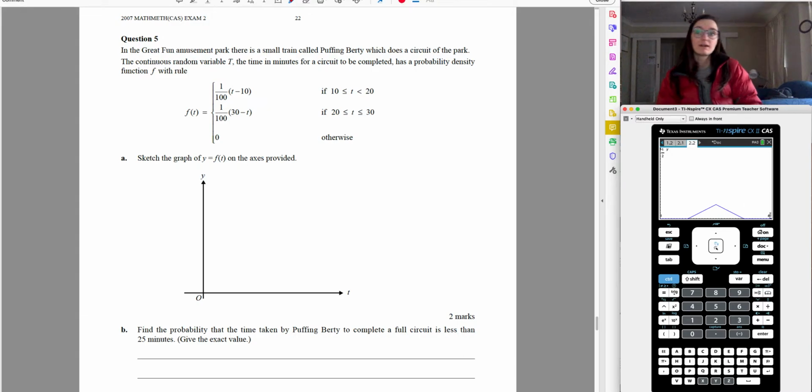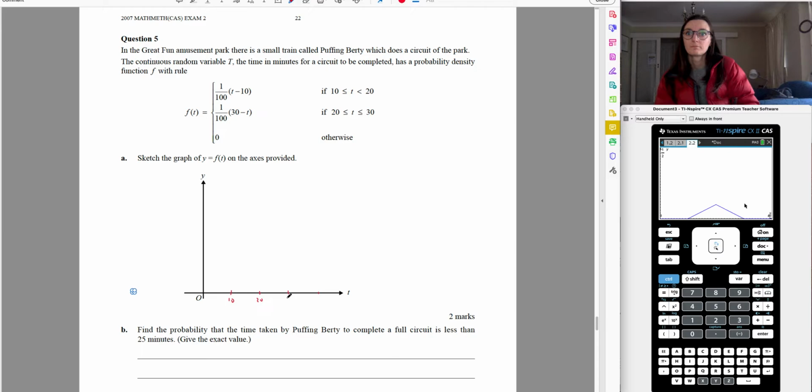Sketch it on the graph. So let's just have some 10, 20, 30. So 0, you'll do a better job when you actually have a ruler.